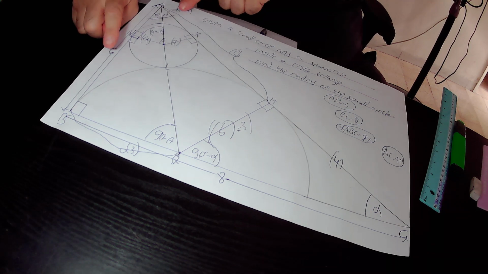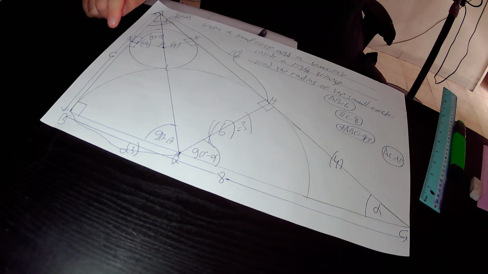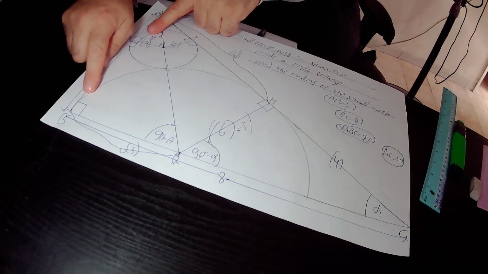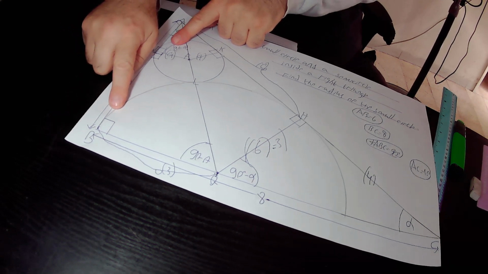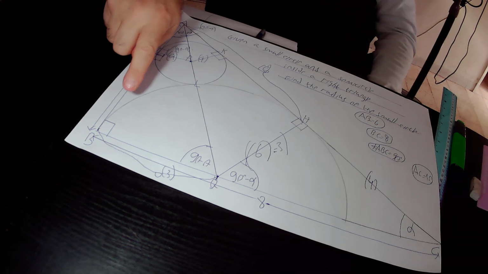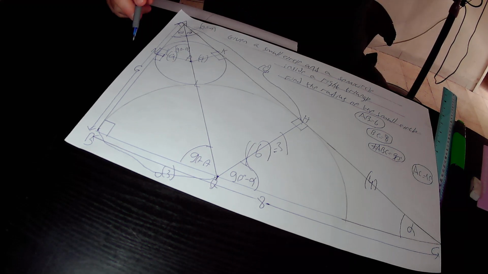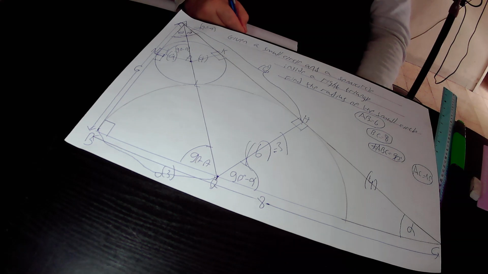So why are those two right triangles similar to each other? First of all, those two angles are both equal to 90 degrees, therefore they are equal to each other. So actually this is angle ABQ in the big right triangle ABQ, and it is equal to this angle, which is actually angle ANP in the small right triangle APN.